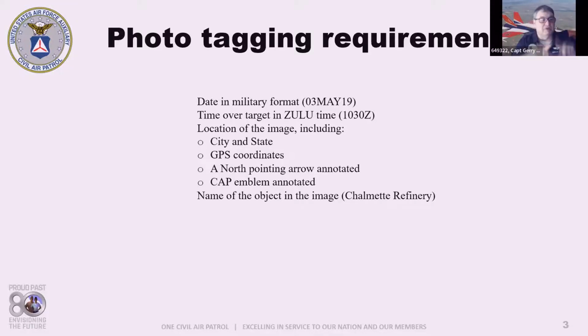And you'll notice in that other picture that I showed you earlier, in the last session, all that information was on there. And then it's also good practice to name the object in the image. Since that image was just for practice purposes, I did not name it because I did not want that information out there. It's a park that I live nearby.